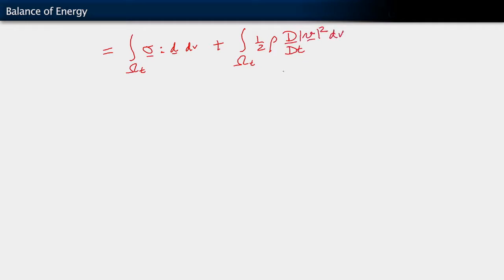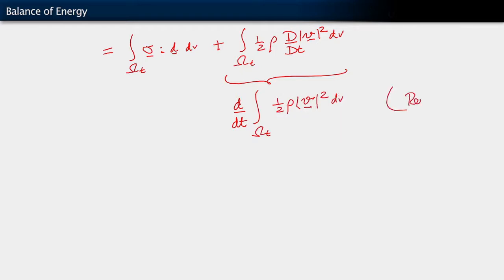This is what we have. Now, what does the Reynolds transport theorem tell us? The Reynolds transport theorem tells us that this is really just d/dt of the integral over omega t of 1/2 rho V square dV. This is because of Reynolds.